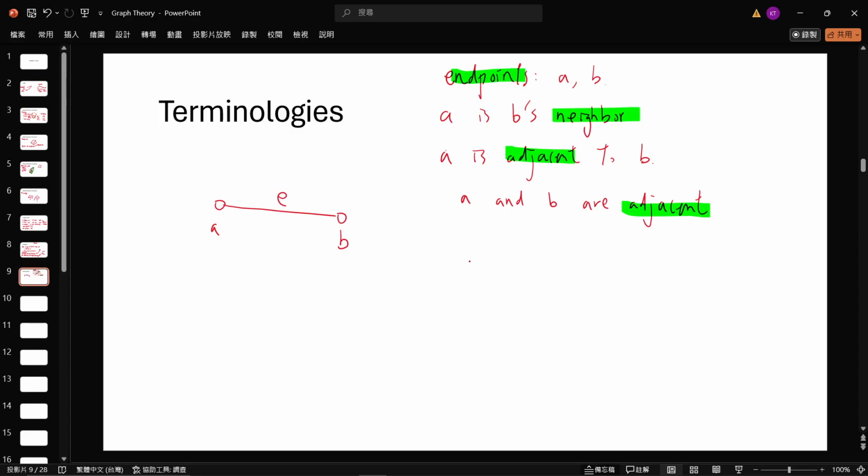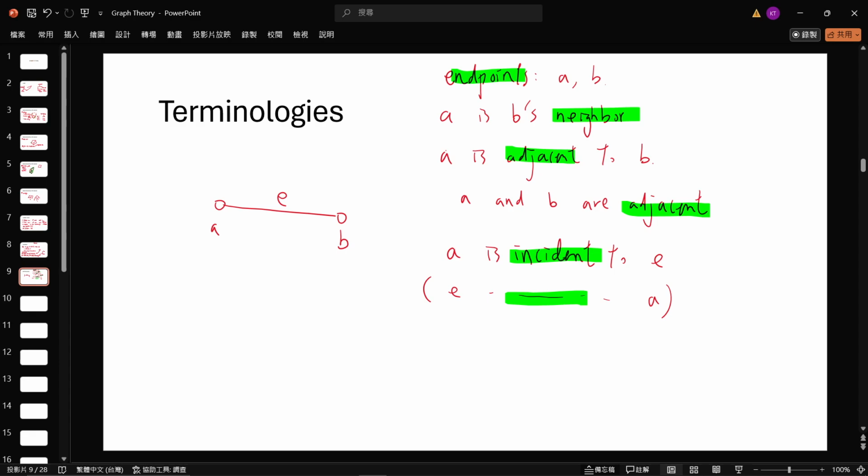So let's call this edge E, so we can say A is incident to E, or E is incident to A, or B. So endpoints, neighbors, adjacent, and incident.